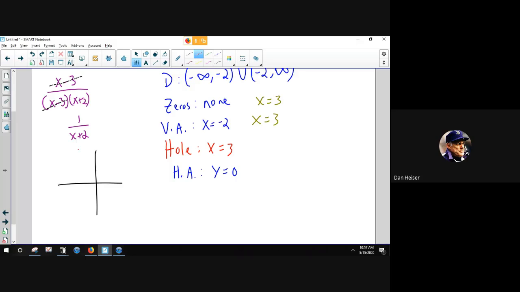Here's our vertical asymptote at -2. Like this, and like this. But there's one addition I need to do here.